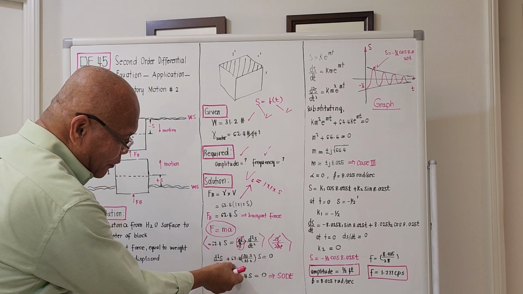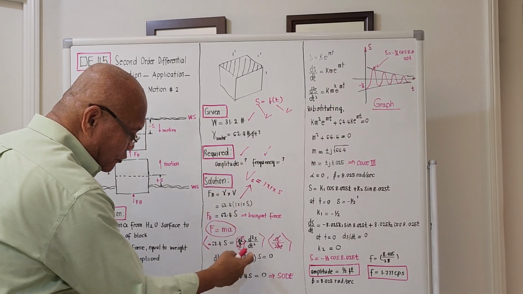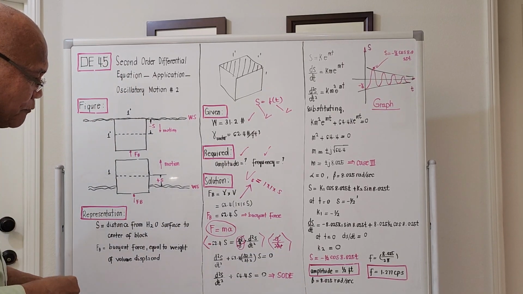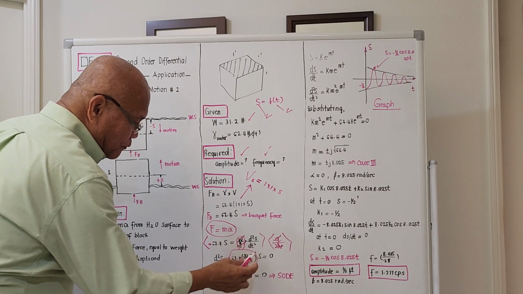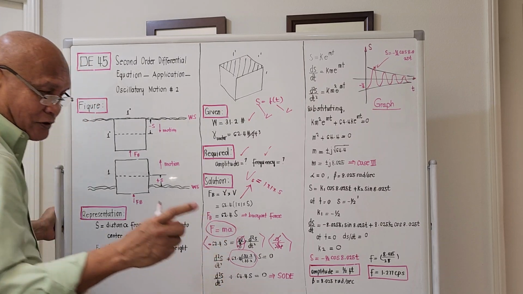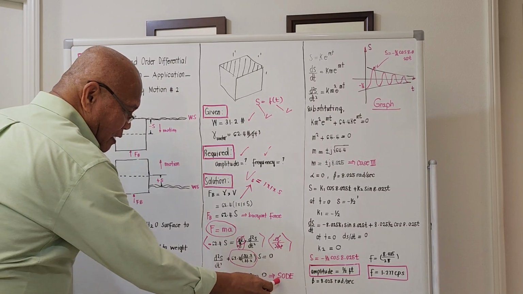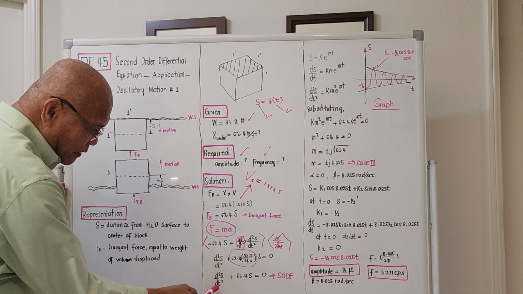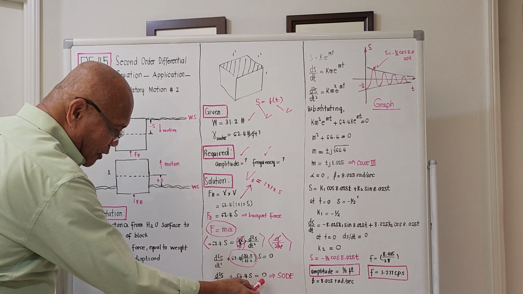So this 62.4 as a coefficient should be multiplied by the ratio 32.2 over 31.2, times s equal to 0. If you use your calculator, this coefficient will become 64.4. So the resulting second order differential equation, that is SODE, will be d squared s over dt squared plus 64.4 s equal to 0.